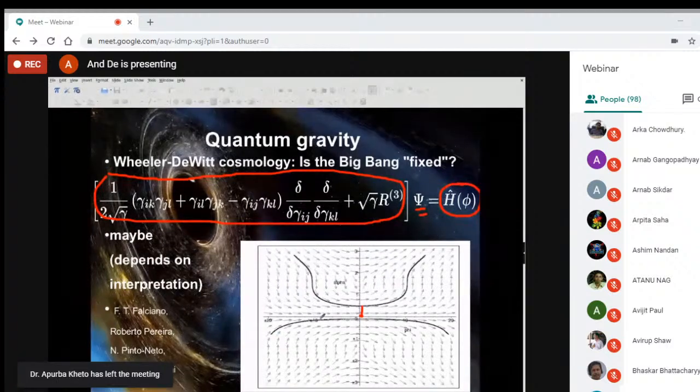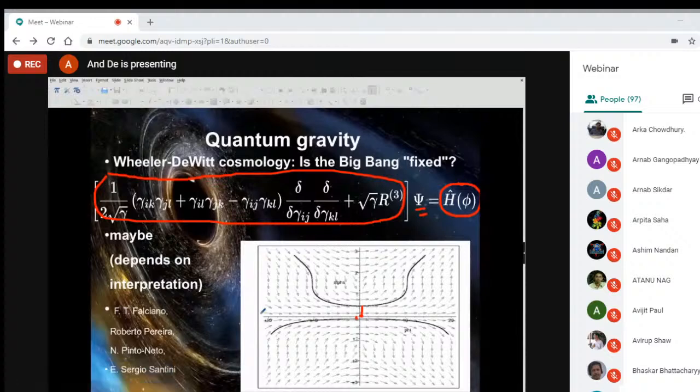However, other people, using a slightly different interpretation and a slightly different method, do get an alpha which comes close enough to this critical point, as we'll call it, that one can say there is a very high chance of getting a Big Bang. And they say that Wheeler-DeWitt cosmology does not cure the Big Bang issue. These are highly simplified models of the full theory, so one has to approach these results with a bit of caution. So in Wheeler-DeWitt cosmology, whether or not there's an actual Big Bang, this infinite density start of the universe, is a little bit ambiguous.